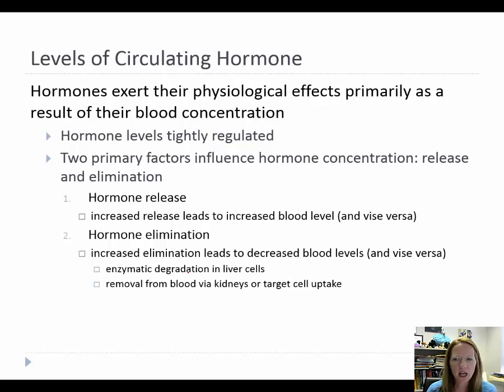So this is about hormone release. Once a bunch of hormones are released into the bloodstream, obviously that's going to increase the blood levels of that hormone, and vice versa. If the pancreas isn't secreting as much insulin, there's going to be a decrease in release, and that's going to lead to a decrease in blood levels.